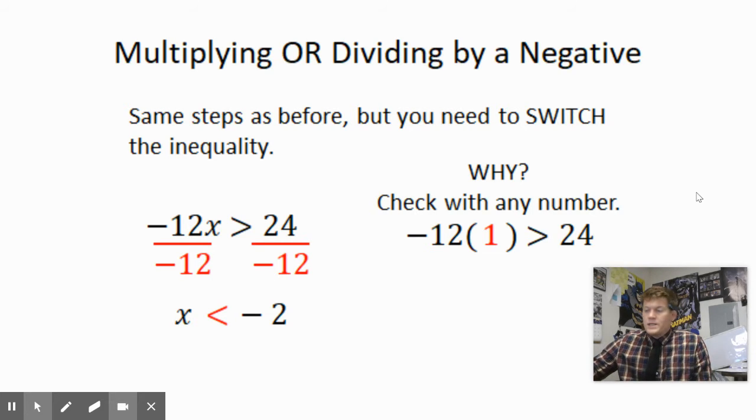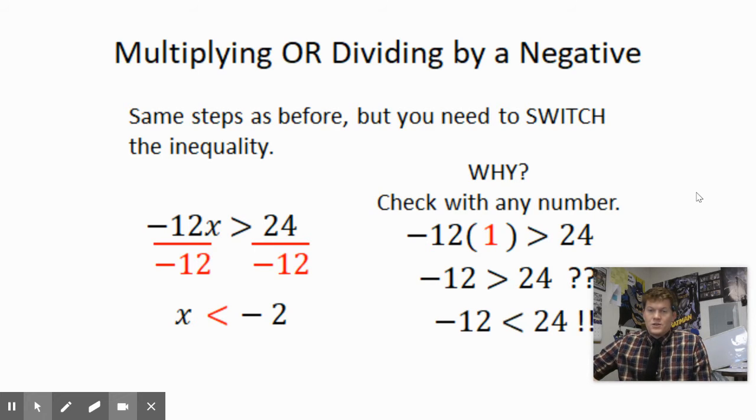Negative 12 times 1 is negative 12. Is negative 12 greater than 24? Nah, not even close. Switch that inequality. Makes it true. Negative 12 is less than 24. So with inequalities, if you're multiplying or dividing by a negative number, switch it.